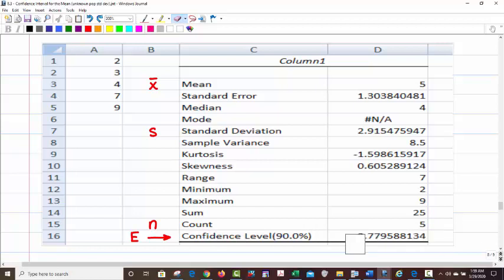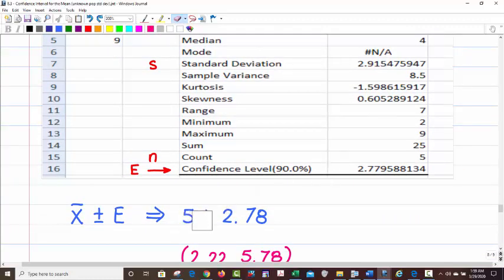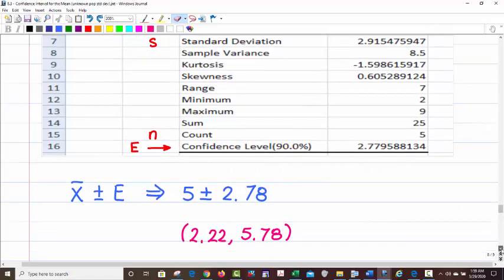The calculator is the best way to do it, but instead of calculating the standard deviation using the formula, if you did this and chose 90%, to get the confidence interval, all you have to do is go 5 minus this number, rounded to 2 decimals, and then 5 plus that number. So it's 5 plus and minus the margin of error. Would be nice if it told you that was a margin of error, wouldn't it? But oh well.